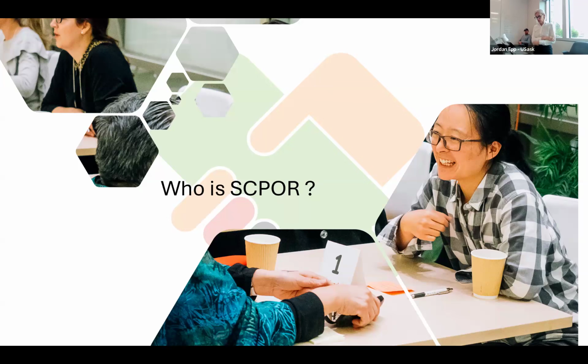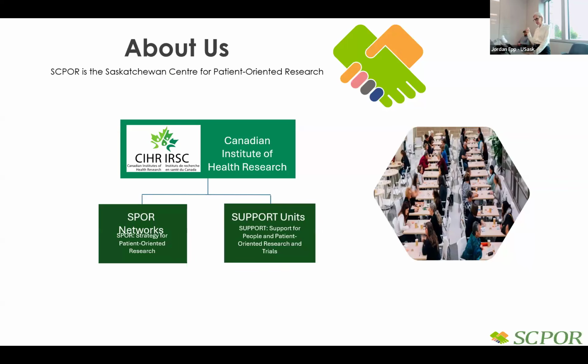And the objectives of this group are to identify and address patient and knowledge users' needs, to provide specialized and multidisciplinary methodological expertise in patient-oriented research, to assist decision makers and investigators to identify and design studies, advance methods and training, and provide timely access to data. So huge, huge mandate. And that's what SCIPR has set out to do.